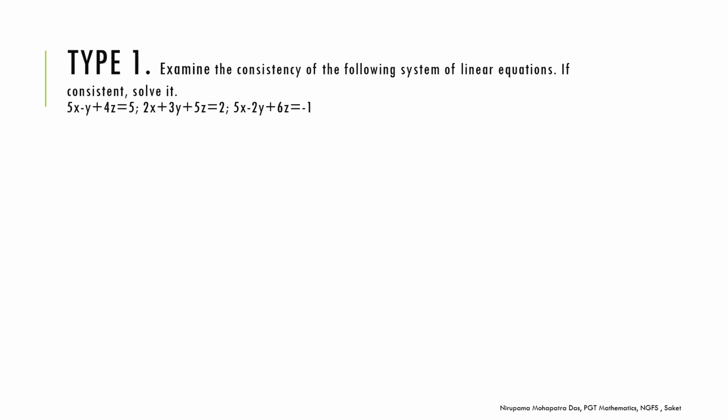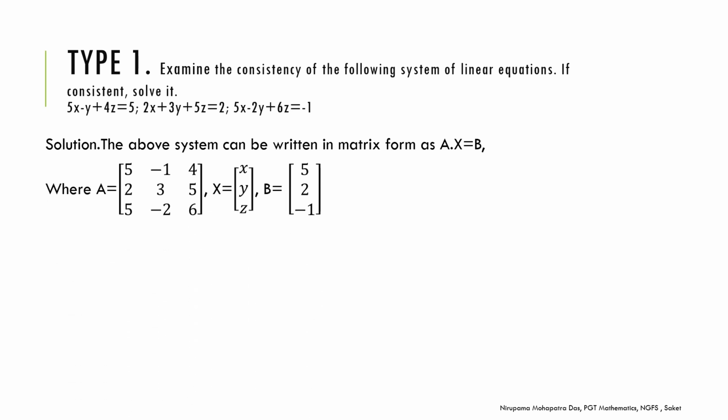And first thing what we need to do, we need to write it in the matrix form. So the given system can be written in matrix form as A into X equals to B. So what is A, what is X, and what is B? A is the matrix containing the coefficients of x, y, z. I mean coefficients of the variables.